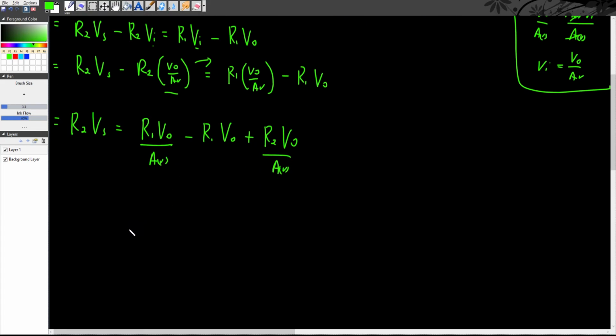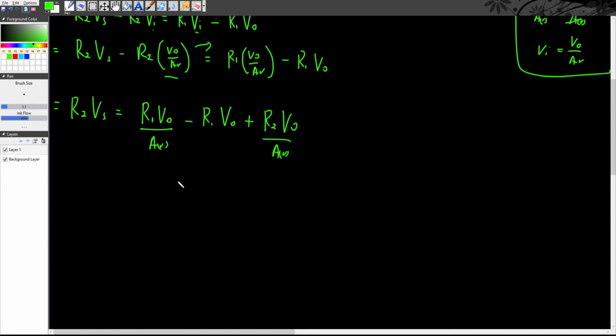Let's simplify this a little bit more by taking VO out. So this part is going to be Vs R2, this is a proper way of writing it, and this is going to be V0 into R1 by AV minus R1 plus R2 by AV.